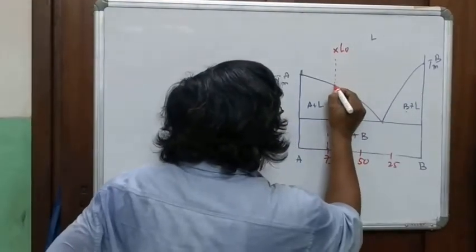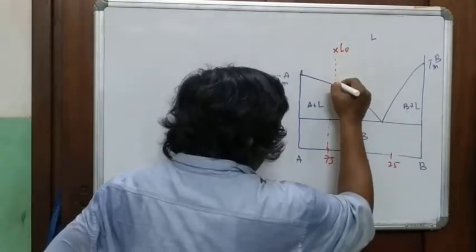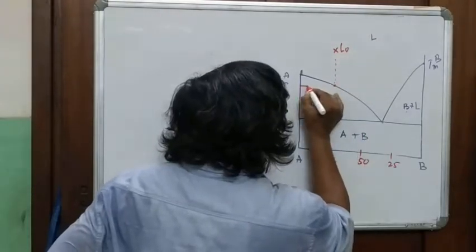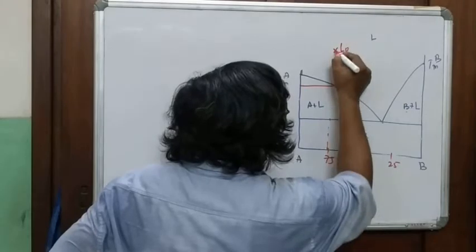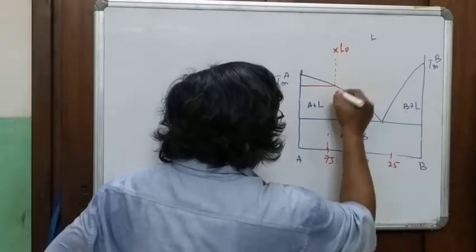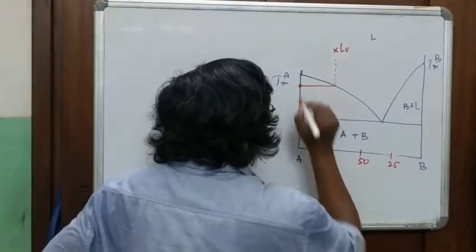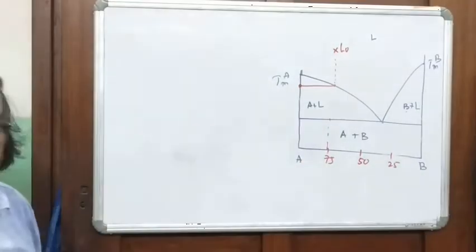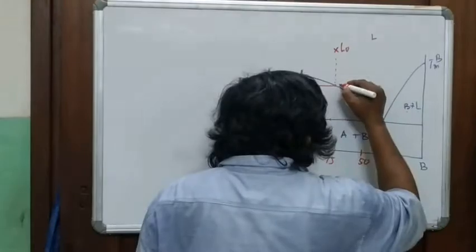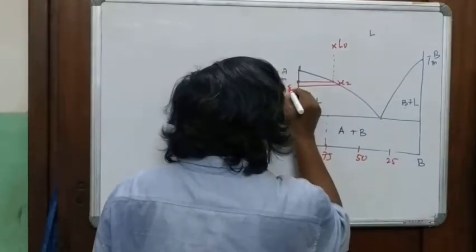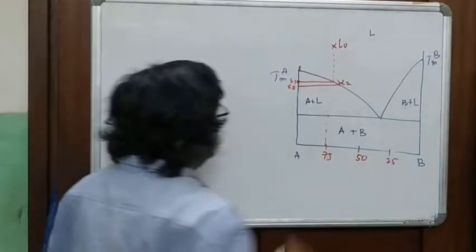When you cool and crystallize, at this temperature on the liquidus, A is in equilibrium with the liquid, so crystals of pure A will separate out from the melt, and the melt would change its composition to L2 and S2, and this is S1.